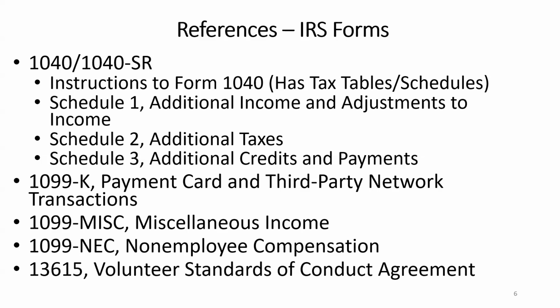Sometimes they'll say, well, I was involved in this particular activity, and the entity issued a 1099-K. Okay, and does the dollar amount correspond to what you received? Yes, it did. Okay, then we're going to find a place on the return to enter that. It could be on the Schedule C. It could be other income.